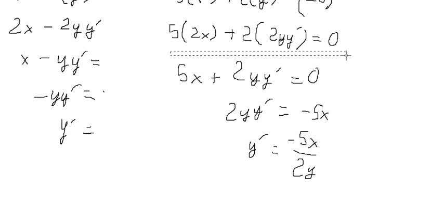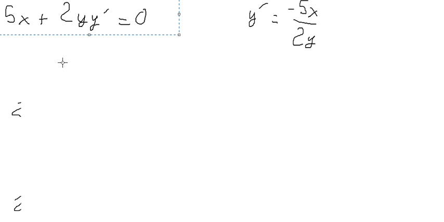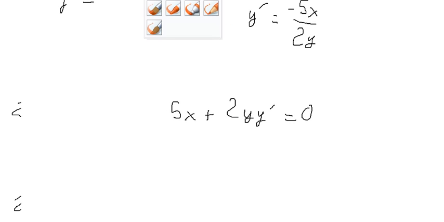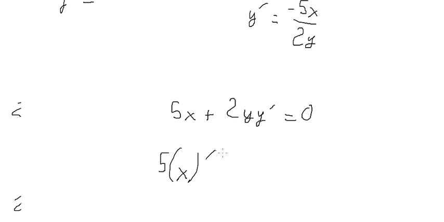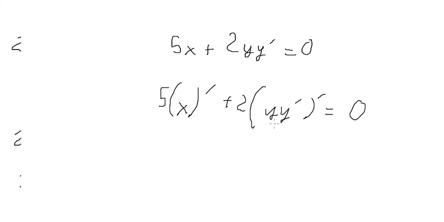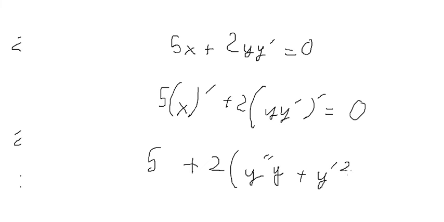Next, I will use this equation. So we do the first derivative for both sides. So this one we get the number 1, and the second one we get the second derivative multiplied by y plus the first derivative of y to the power 2.